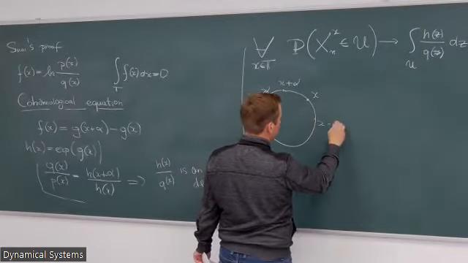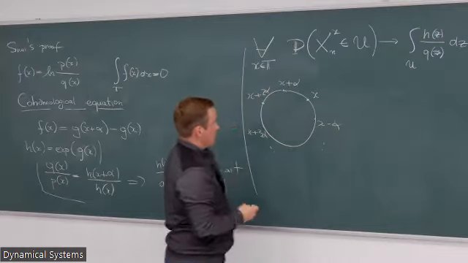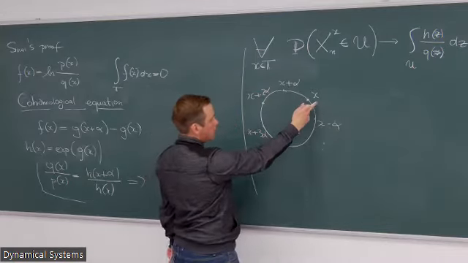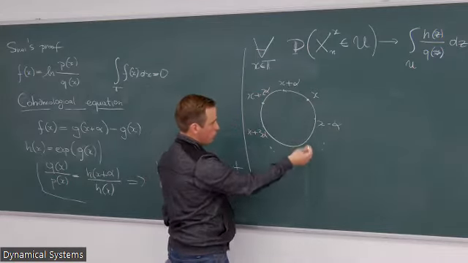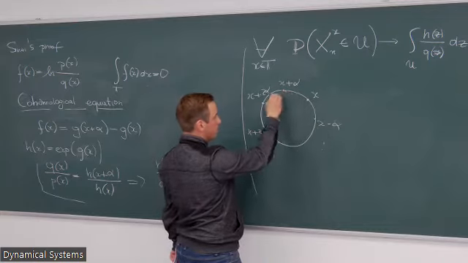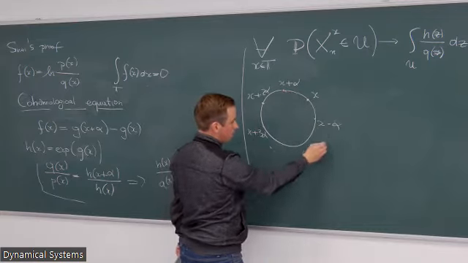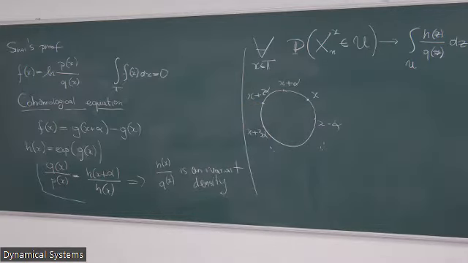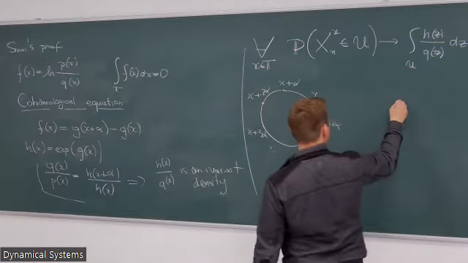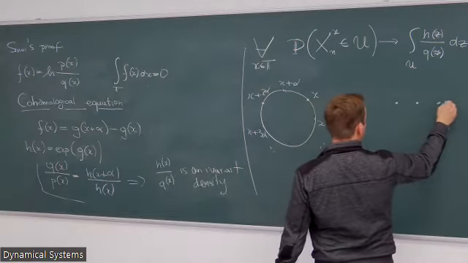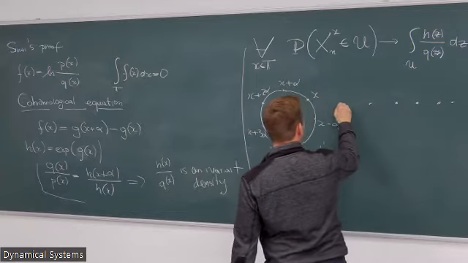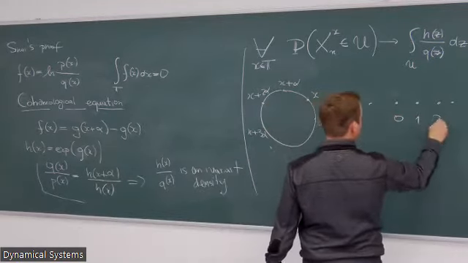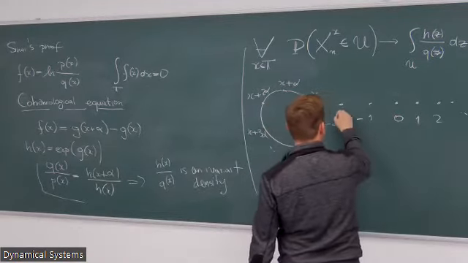If we know that the process starts from x, then we also know that it's almost surely contained in this trajectory, a countable set. This countable set is indexed by integers. So in fact, we have a random walk on integers. Say 0, 1, 2, minus 1.